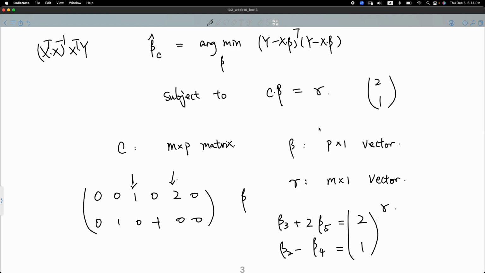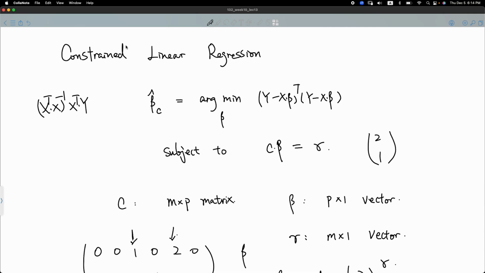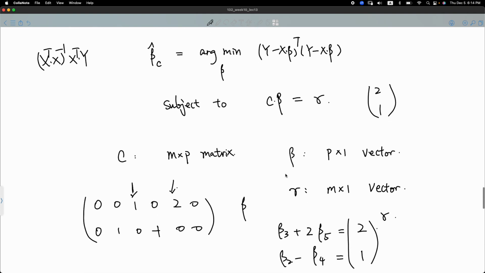This is called constraint optimization, and that is also the name for constraint linear regression. You not only want to fit a linear regression model, but you also impose some constraint on the coefficient, because as the domain expert, you think there's some relationship between the features or the data that you collected. So that is the idea for constraint optimization.